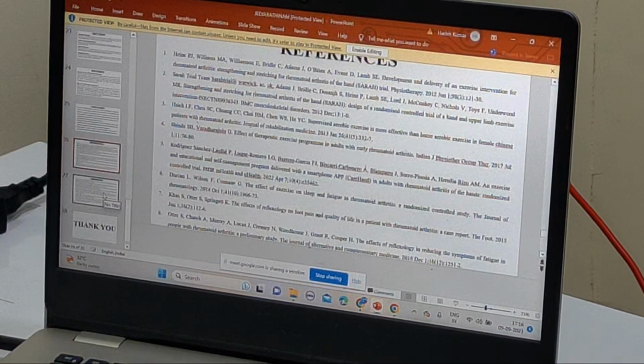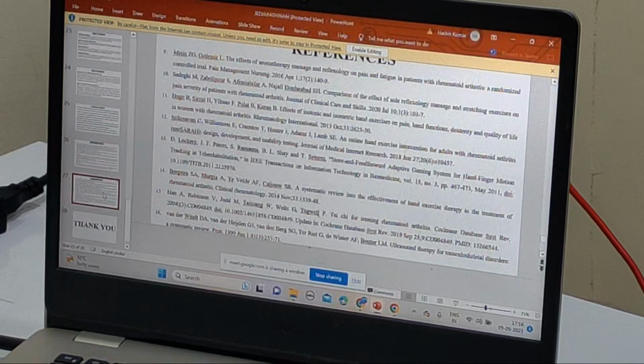Okay. Then again, you said something about fatigue. With regard to fatigue, what kind of articles did you come across? Did you come across any protocol related to aerobic exercises? No, ma'am. Why are we actually giving aerobic exercises for rheumatoid arthritis patients?